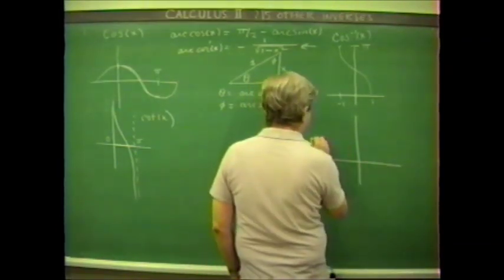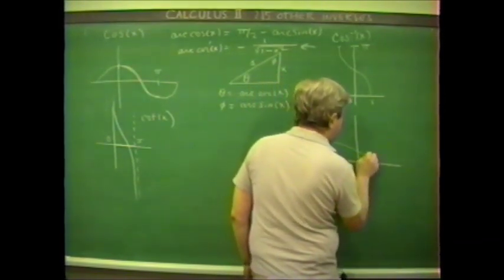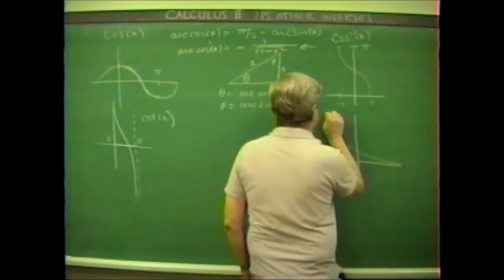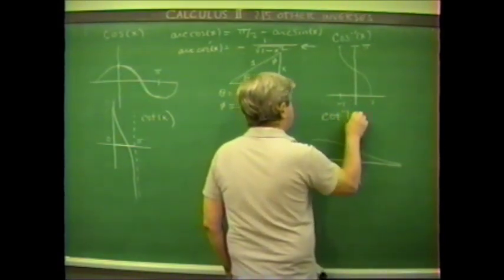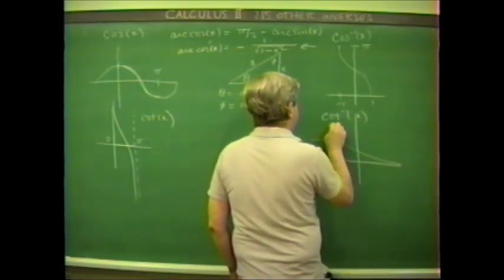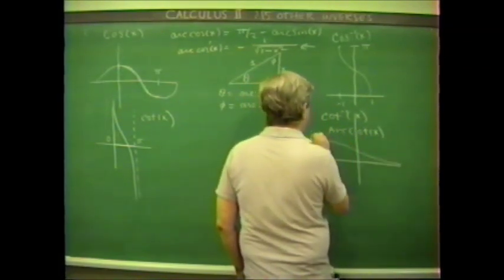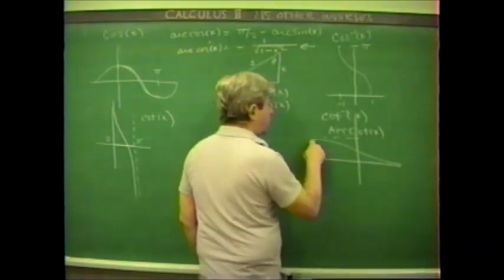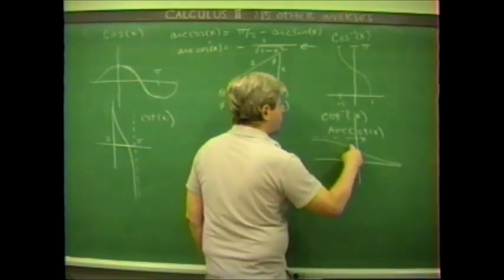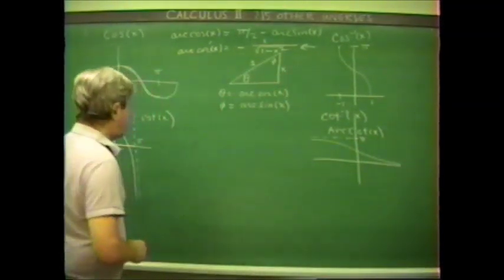It's decreasing and goes down here to 0 like so. Here's cotangent inverse of x, or arc cotangent of x. It goes from pi down to 0 for its range.